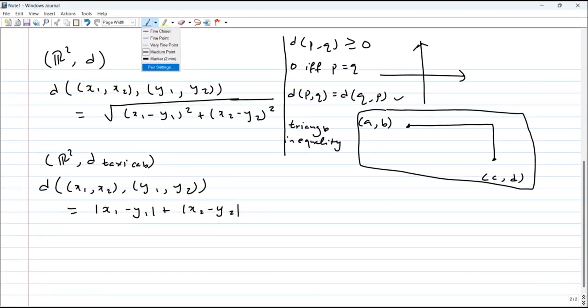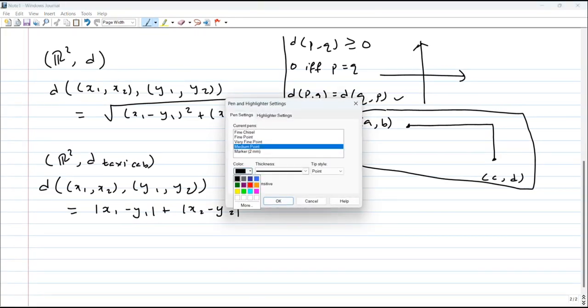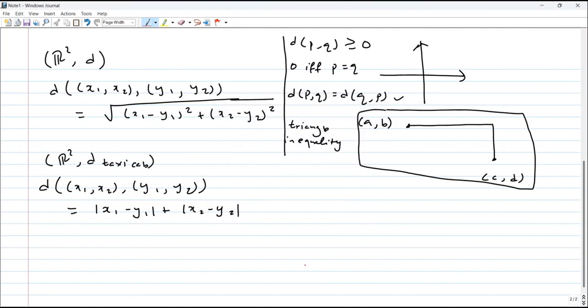Just as an exercise, let's do the triangle inequality. So let's say we have 3 points, let's write them in terms of (x1, x2), (y1, y2), and (z1, z2). And the question is, do the distances between these 3 points satisfy the triangle inequality?